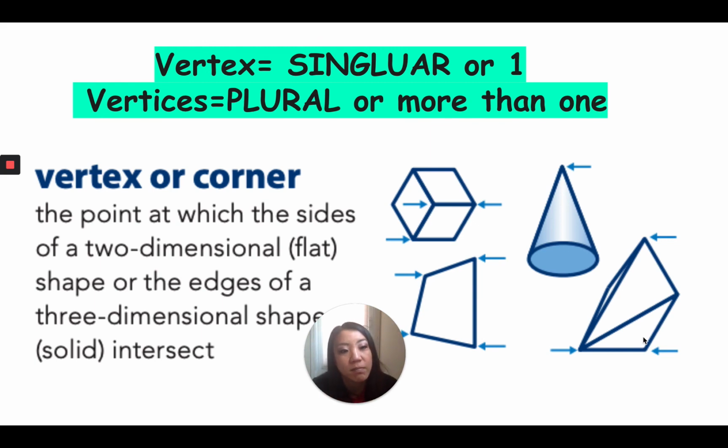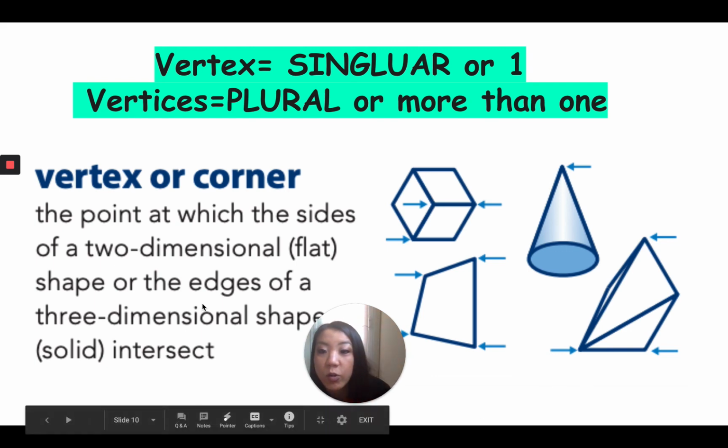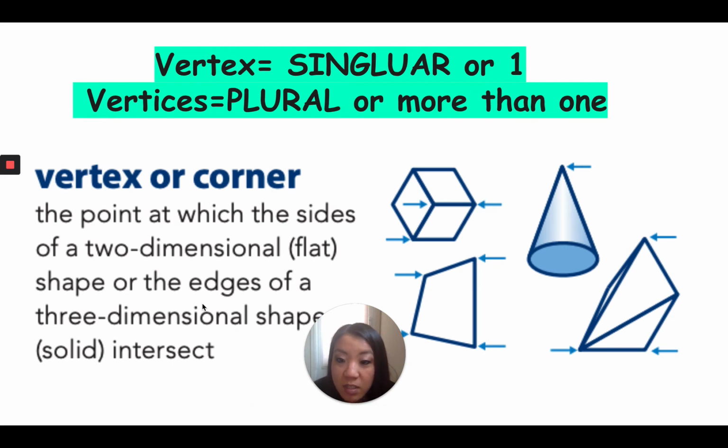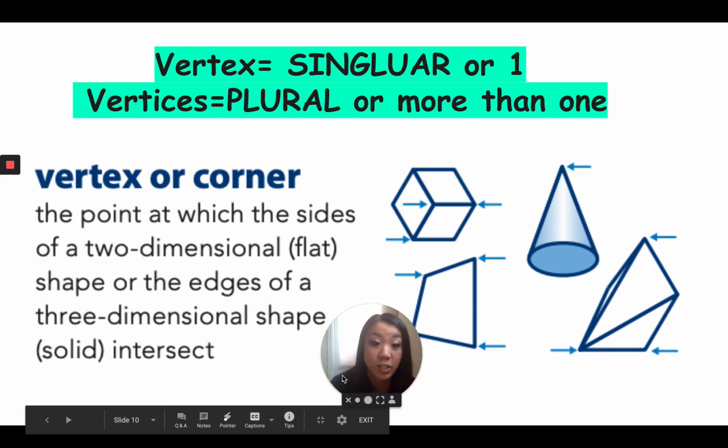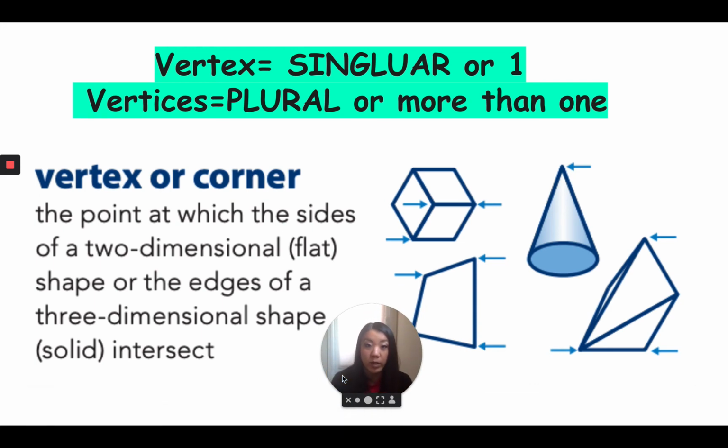And then this shape, it doesn't look like it, but I believe that would be a pyramid. It is a 3D shape, and you can see that it has vertices because it has more than 1. So vertex or corner is the point at which the sides of a 2-dimensional flat shape or the edges of a 3-dimensional shape intersect. We'll be learning about 3D shapes eventually, but today we're only reviewing 2D shapes for our flat shapes, okay?